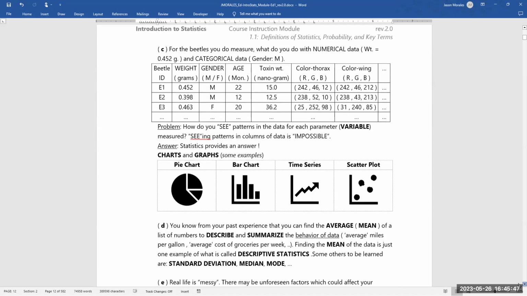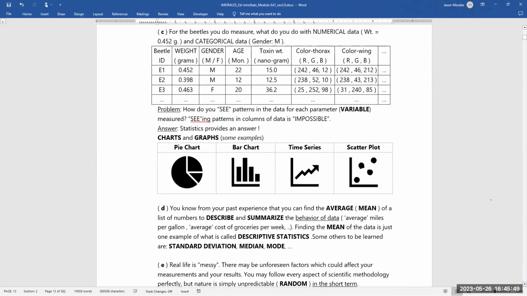Third, for the beetles that you do measure, what do you do with the numerical data and the categorical data? The problem is, how do you see patterns in this data for each parameter? Another word for parameter is variable that you measure.